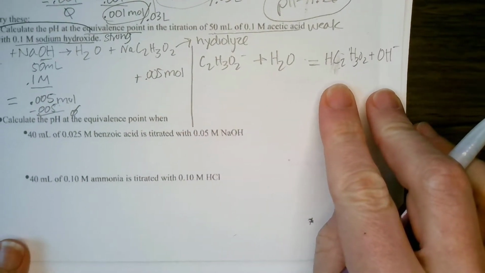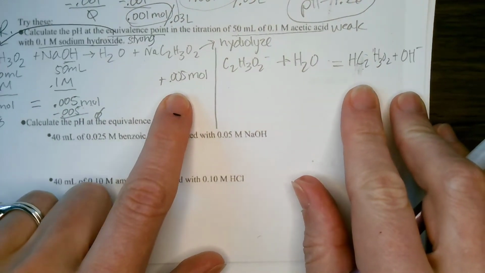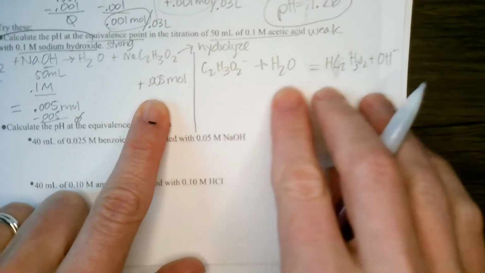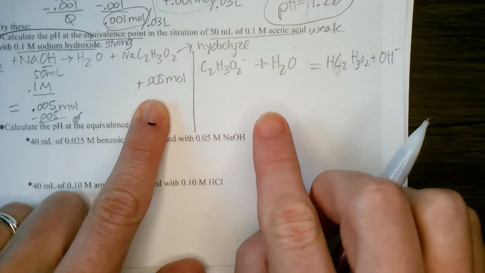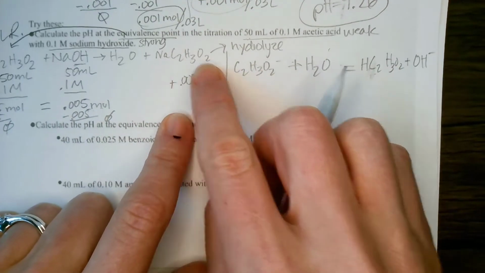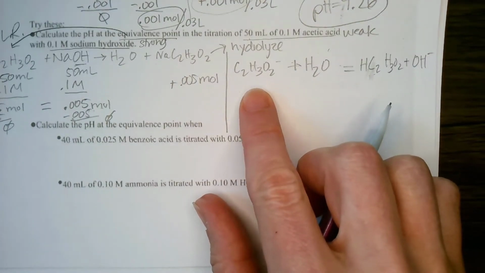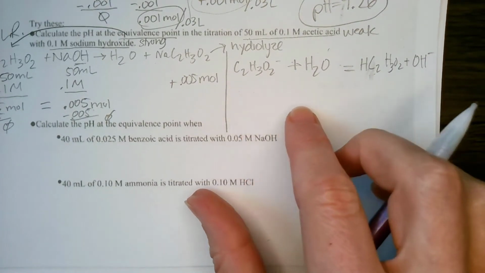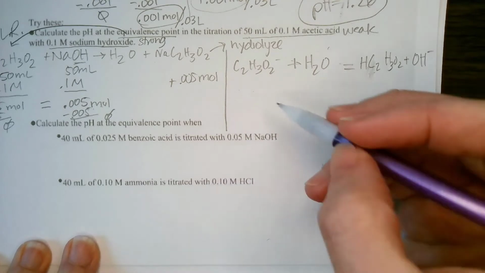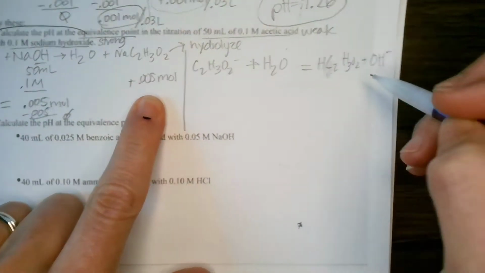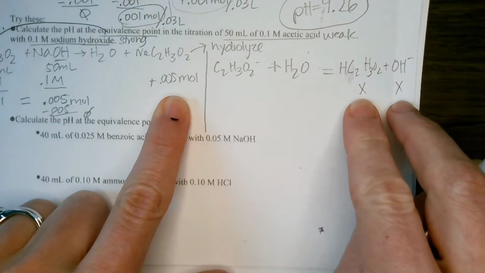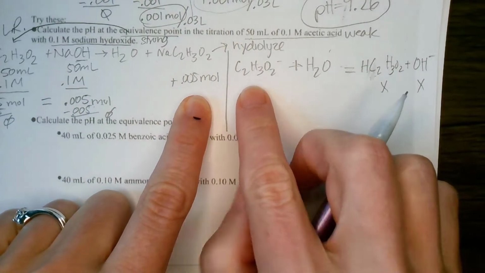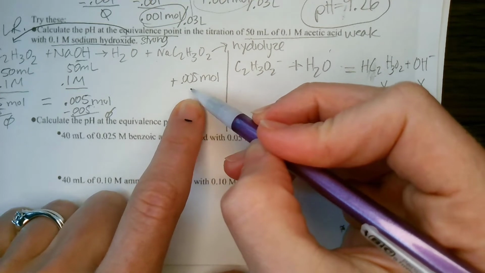Okay, next, we need to calculate the Kb of this, and in order to do that, because we know when this hydrolyzes, we need to find out what these concentrations are. We of course know that this is X and this is X. We don't know how much product we formed, but I do know how much acetate I started with.